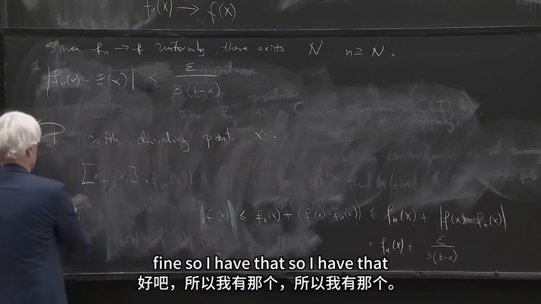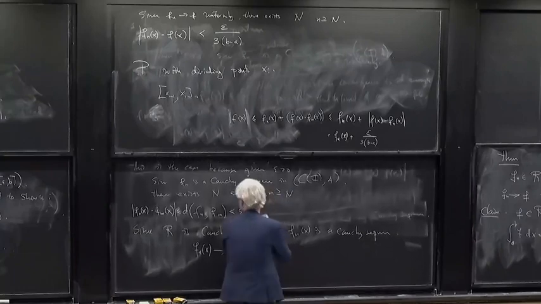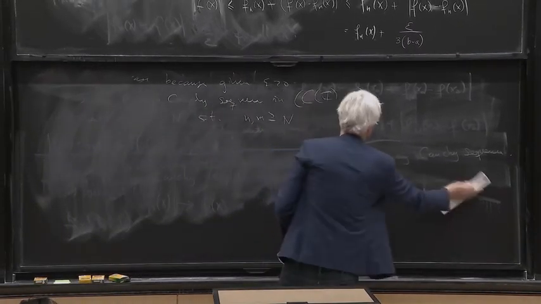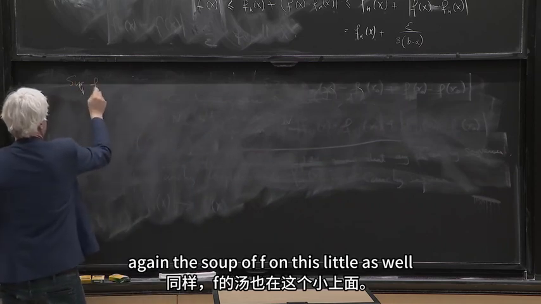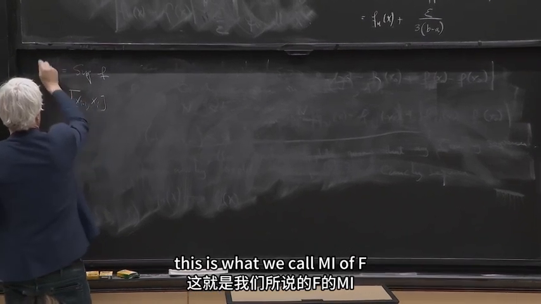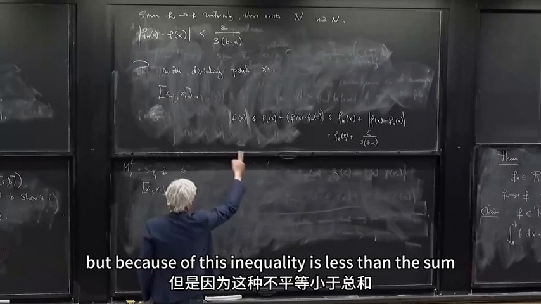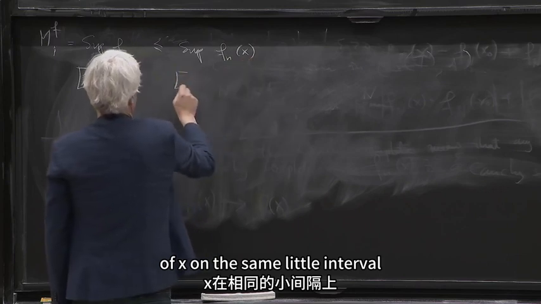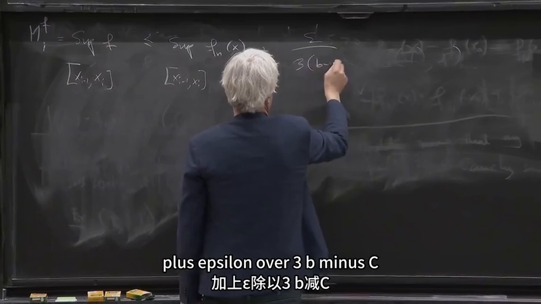So I have that the sup of f on this little interval, which is what we call Mi of f, is less or equal to, because of this inequality, the sup of fn on the same little interval plus epsilon over 3(b - a), right?